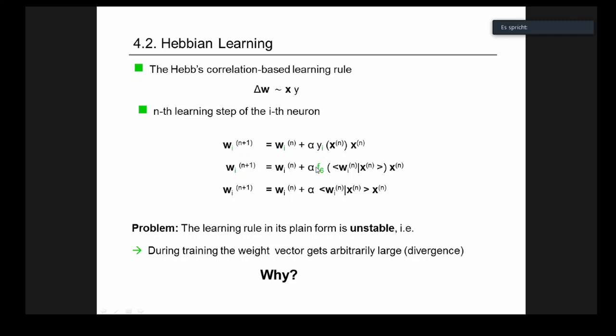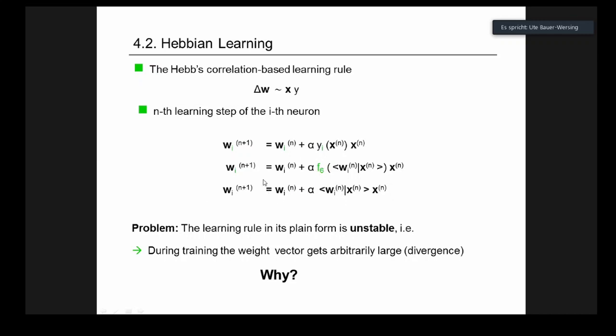We can make this expression a bit more explicit. The output of our neurons in this linear network is calculated using the linear transfer function f6 applied to the inner product of the weight vector times the input vector. Since f6 is the linear function, this is straightforward.